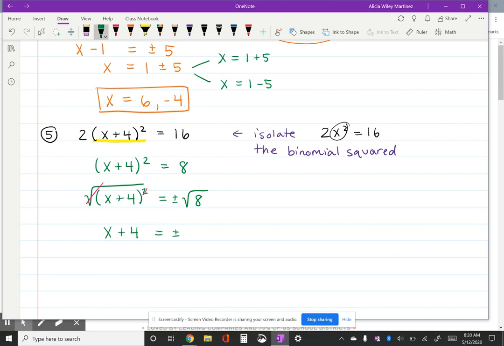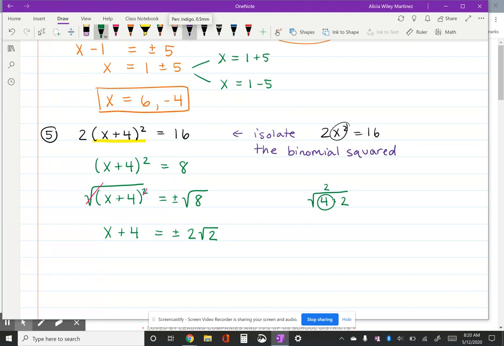On the other side, I have the square root of 8. Remember that 8 breaks down to 4 times 2. So the square root of 4 is 2, and the square root of 8 is 2 root 2. Please no decimal answers. Please make sure that you always simplify your radical.